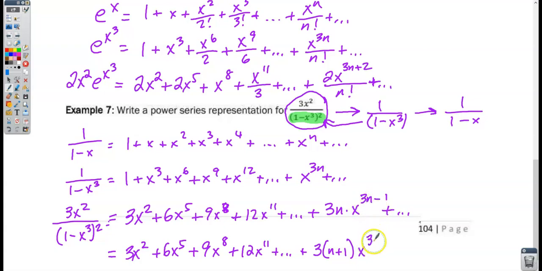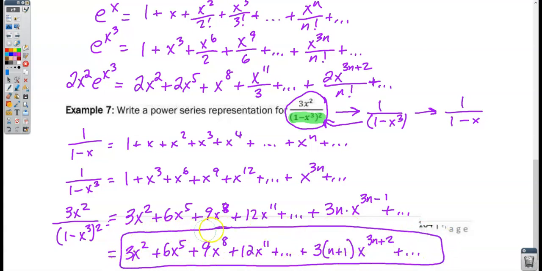That's going to be 3n plus 2. So now I check this. When n is 0, this is 3 times 1 times x to the second, which is 3x squared, which matches up with our first term that we see here. So that's my 0th term, matches my general term, and there is a power series representation for that function.